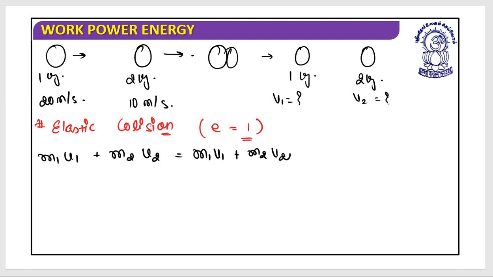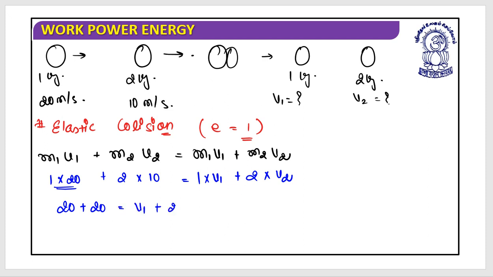This gives 1 into 20 plus 2 into 10 equals 1 into v1 plus 2 into v2. So 20 plus 20, which is 40, equals v1 plus 2v2. Is it clear?